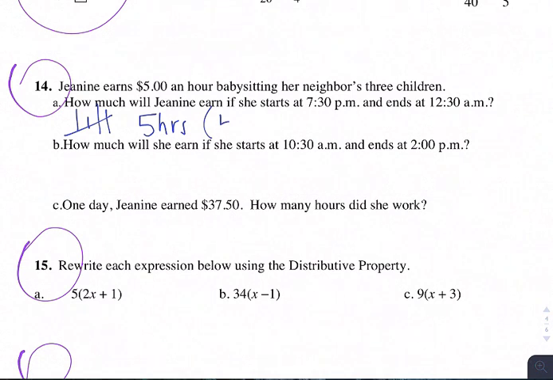Times the $5 per hour, and she's going to earn $25. Okay, so you first need to figure out how many hours she worked, and then multiply that number by 5.